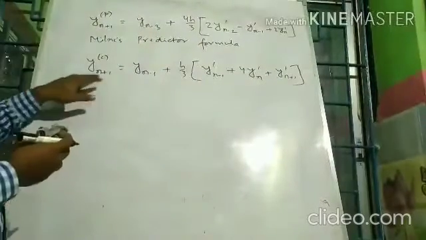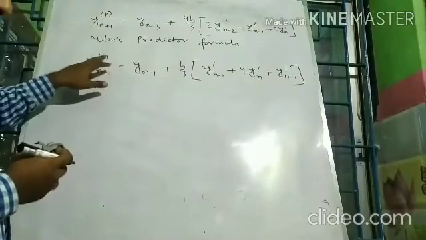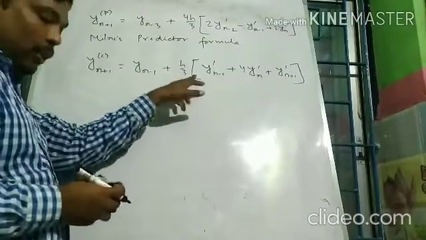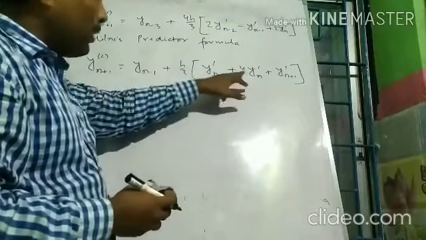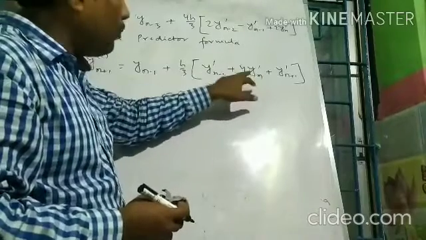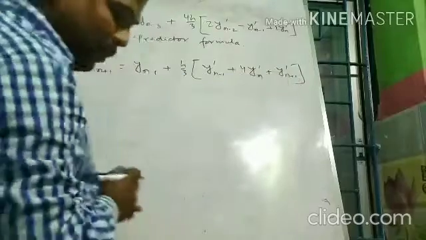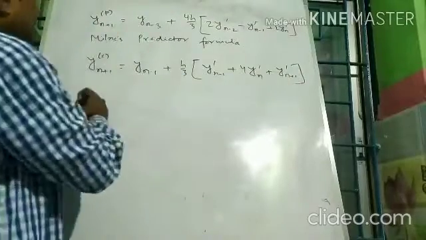So yn plus 1 c equals yn minus 1 plus h by 3 times (yn minus 1 prime plus 4yn prime plus yn plus 1 prime). This is Milne's corrector formula.